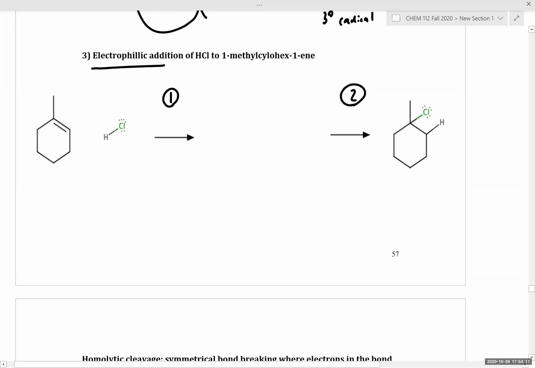Would anyone like to try drawing the first step and the first intermediate? You can utilize the annotate tool, or you can share your responses as a picture in the chat, and I'd be happy to take a look and provide feedback.